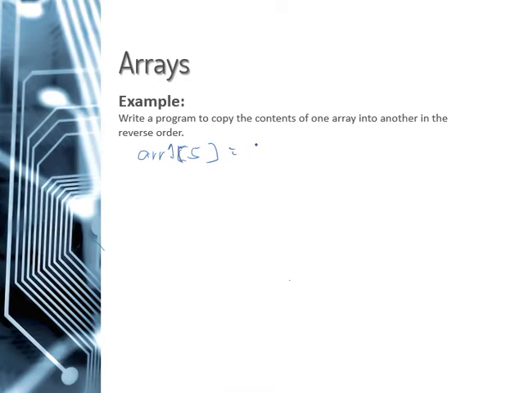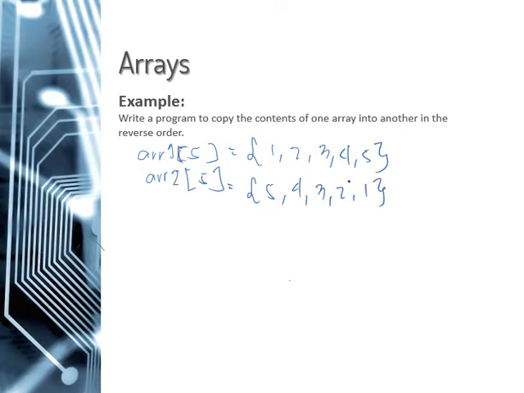For example, kani siya nga array 1 natin 1, 2, 3, 4, and 5 ka element. Now, what the problem wants us to do is to copy each element of this array into another array in reverse format. So, nata isa ka array diha also of size 5, pero ang iyang element is 5, 4, 3, 2, and 1. Okay?